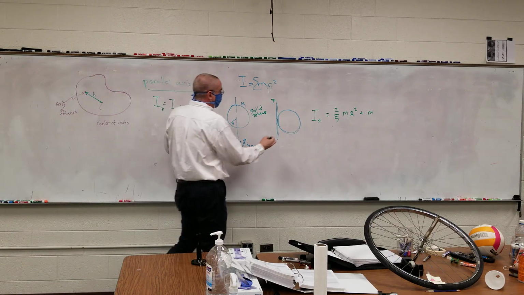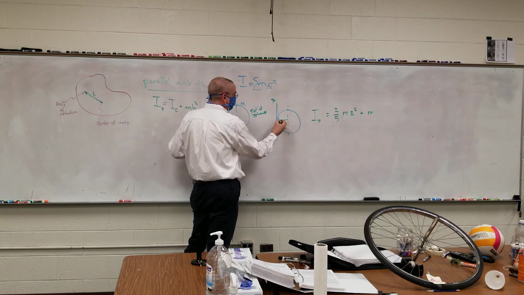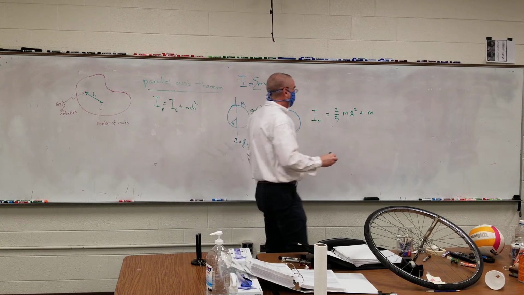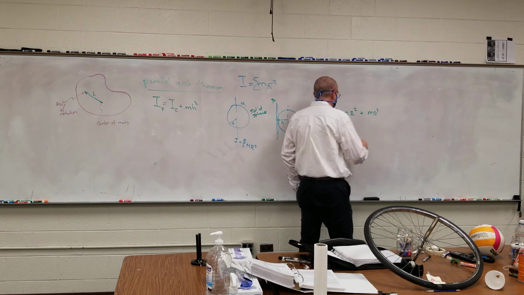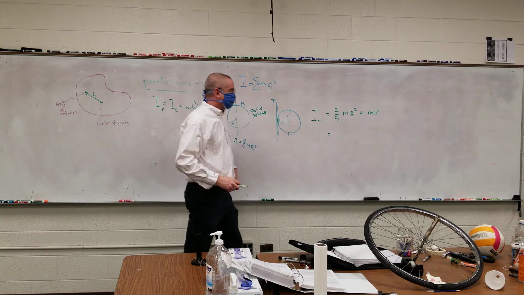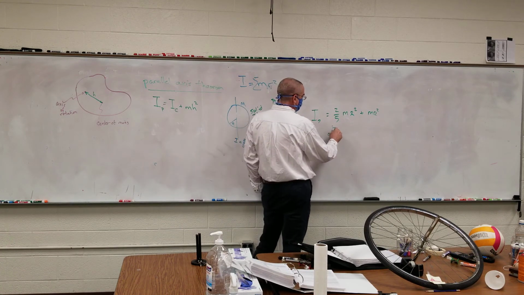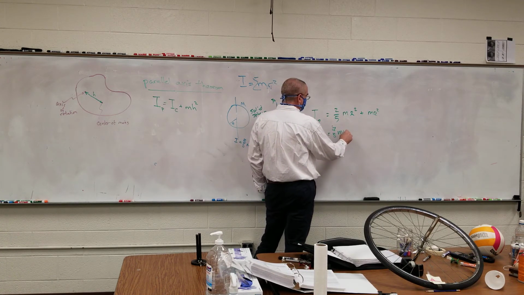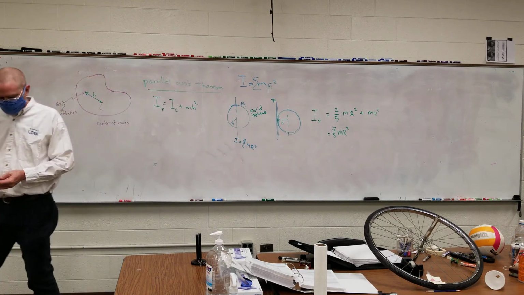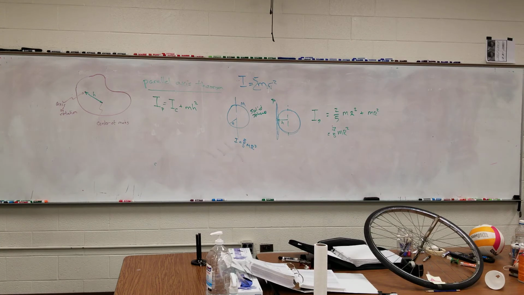In this case, h is the distance from the center of mass to the edge, which is just the radius of the ball. And so rotating about the edge like this, the moment of inertia is 7/5 mr squared. The moment of inertia is 3.5 times more.